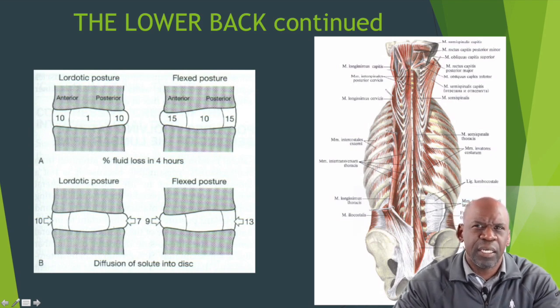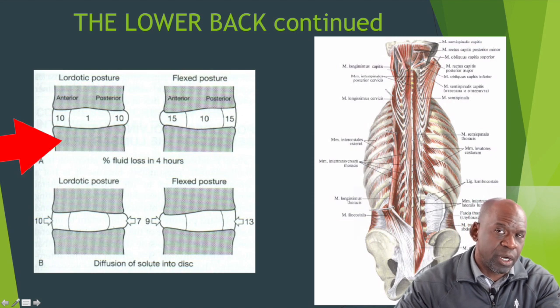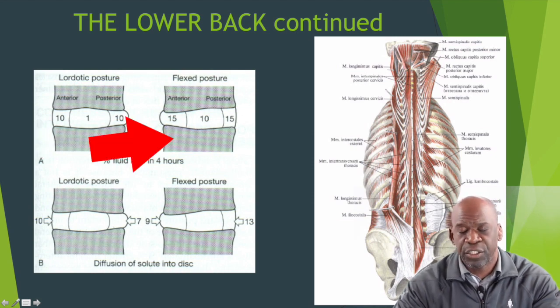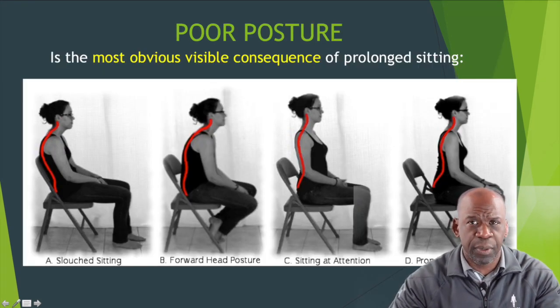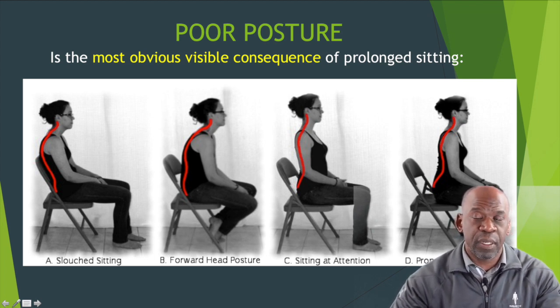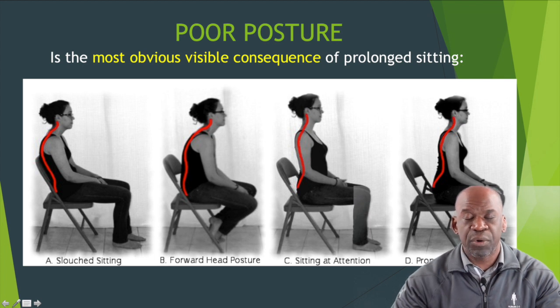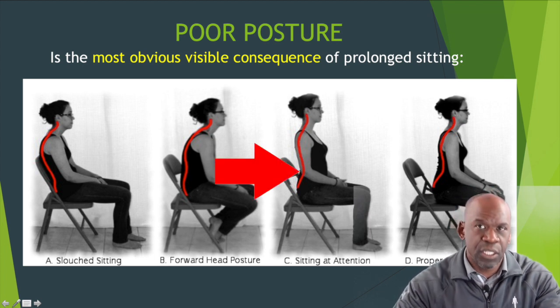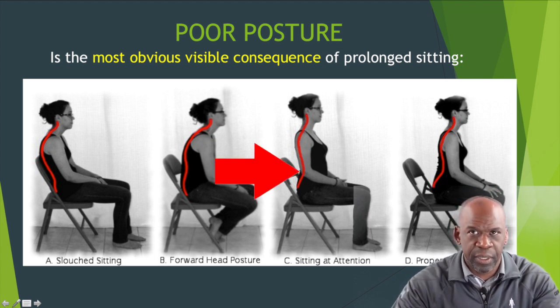If we look at the pictogram here on the left-hand side, we can see the intervertebral disc of the lumbar spine in both the lordotic posture and in the flexed posture. So the lordotic posture, in other words, the posture where the curve of the lumbar spine is directed towards the front of the body, is the normal posture that we would see in the lumbar spine.